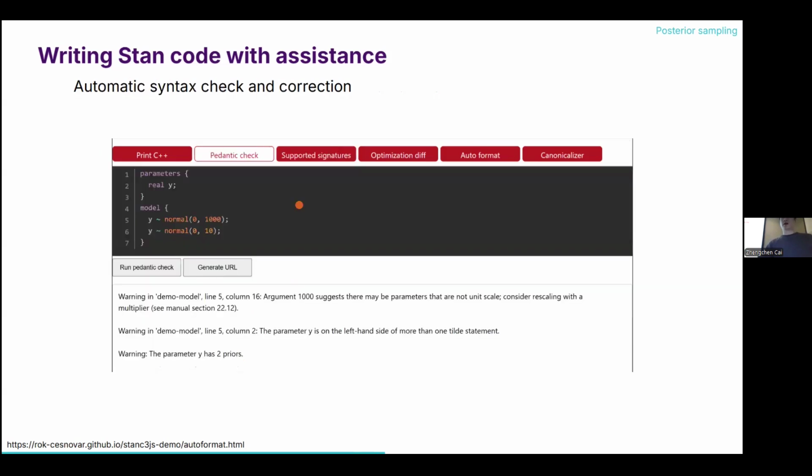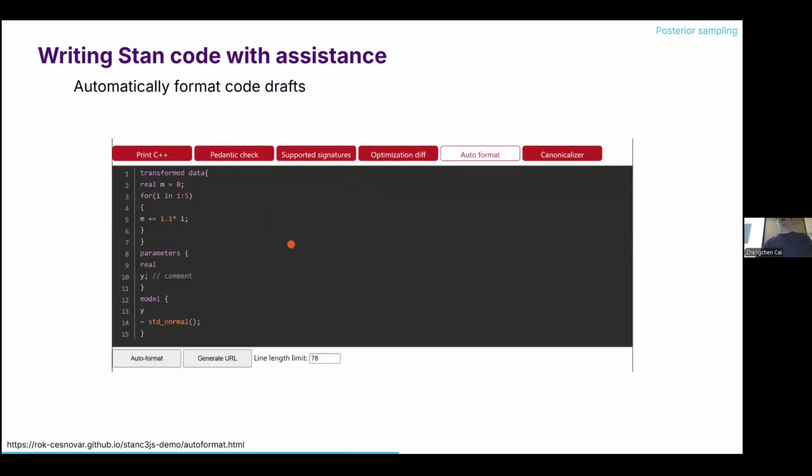So you can also put your code here. You just copy paste here, and it will check all the errors and give you suggestions so that you can learn by checking your draft, right? It can also do the automatic formatting, like adding indents and new lines to make your code more readable.